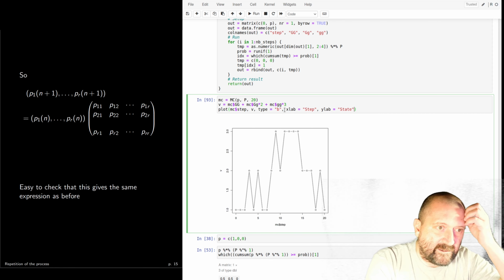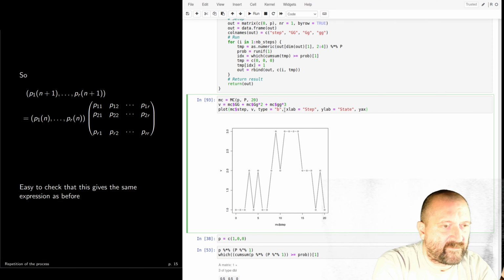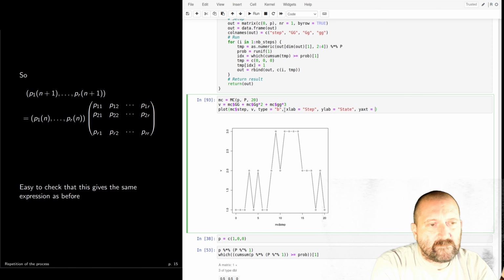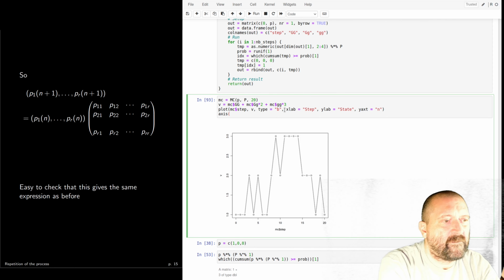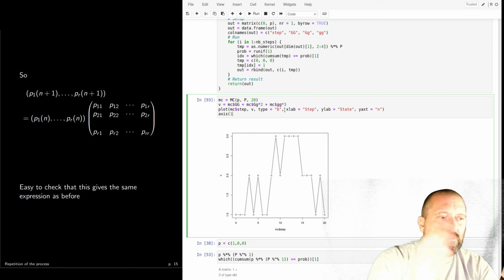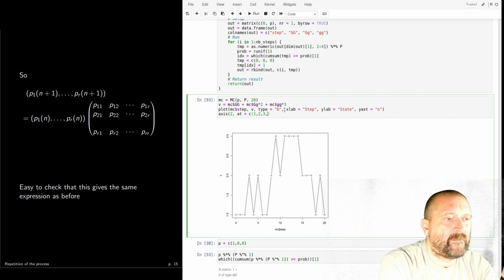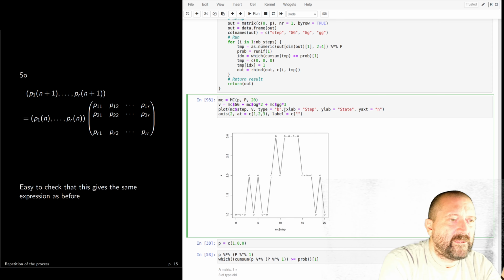And what I could say is that there is no y-axis, but that I'm going to add an axis. So 1 is below, here is 2. And then I'm going to say at 1, 2, 3, and the labels are going to be GG, G little g, and little g.